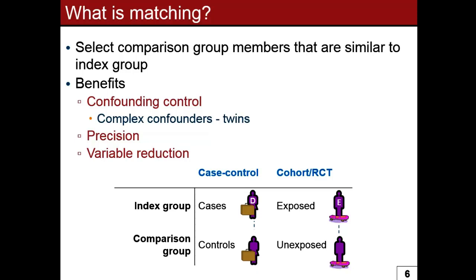That might be possible, but when you have really complex confounders, like twins or geography or household, there are certain constructs that are really difficult and potentially very strong confounders, and you may want to deal with them very efficiently, and you might match based on those.